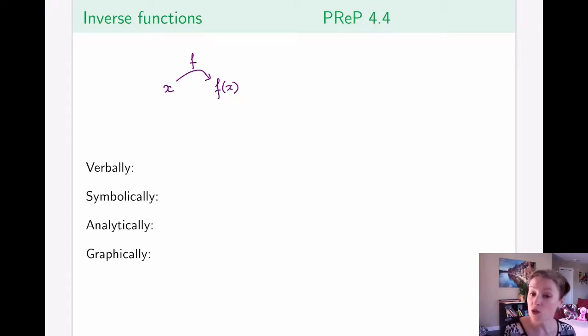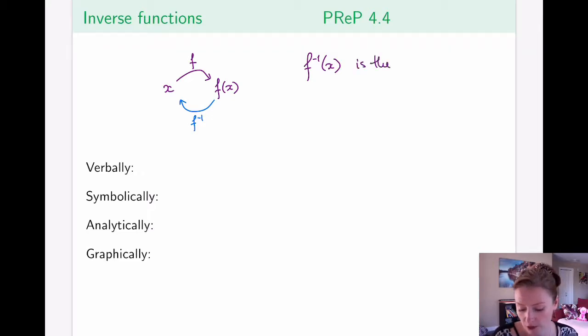If I would like to reverse the process and go back, I'm going to apply what we call an inverse function, and we have the notation for it, f to the power minus 1. Now, the notation is not the best, so please be careful. f to the power minus 1 of x is the notation for the inverse of the function f, not the reciprocal.